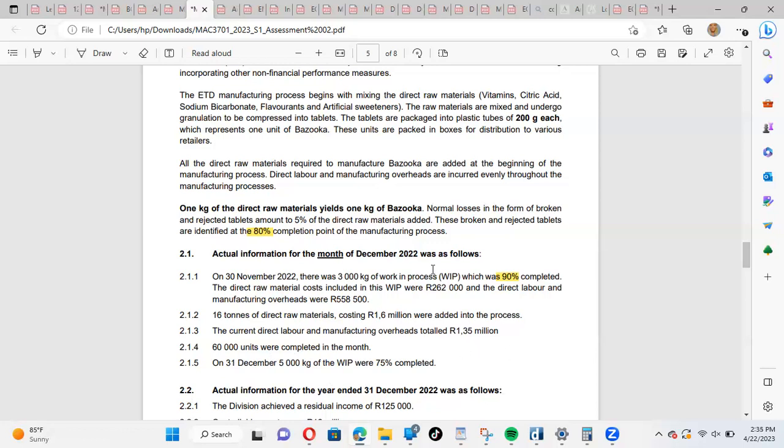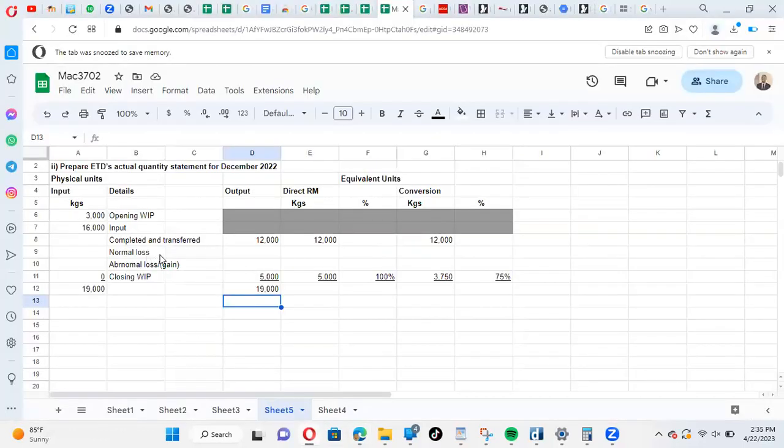So we are only dealing with December. We want the normal loss for December. So how do we go about that? Now we are not including 3,000, neither are we including 5,000. So on our calculations we need to exclude those amounts.